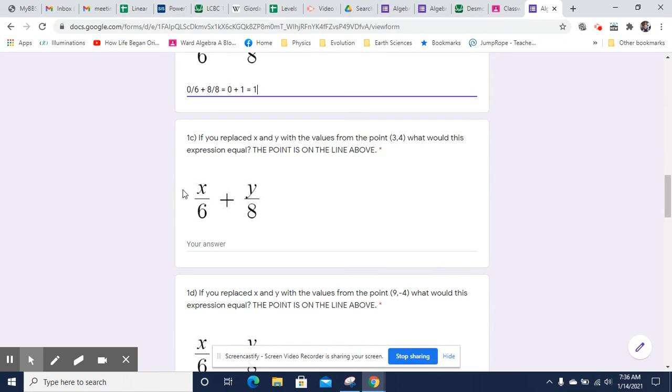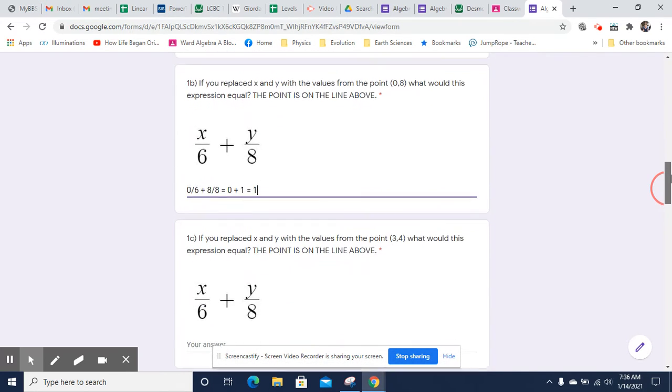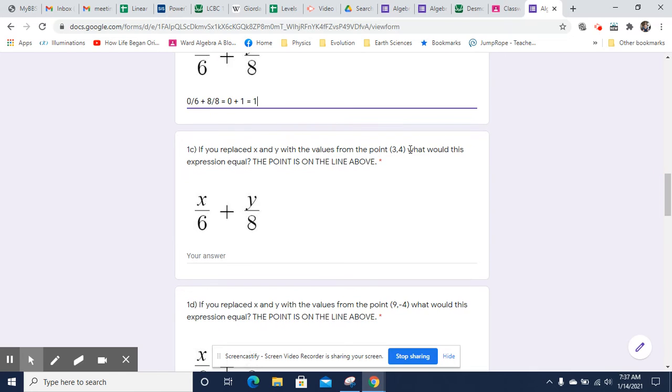Okay, let's take a look here. Now we got another point, (3, 4). Go back here and you can see it is on the line. So what would that make this expression equal? Here we're going to take x and replace it with 3, so that becomes 3 over 6.